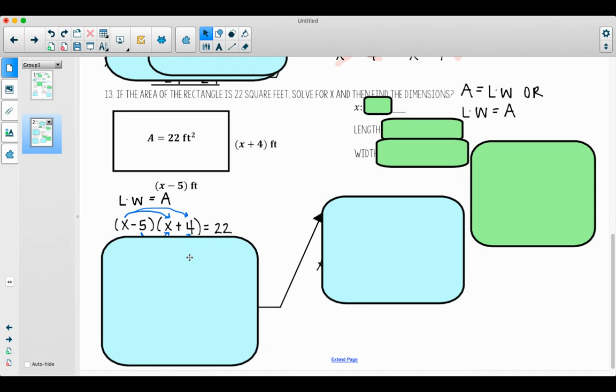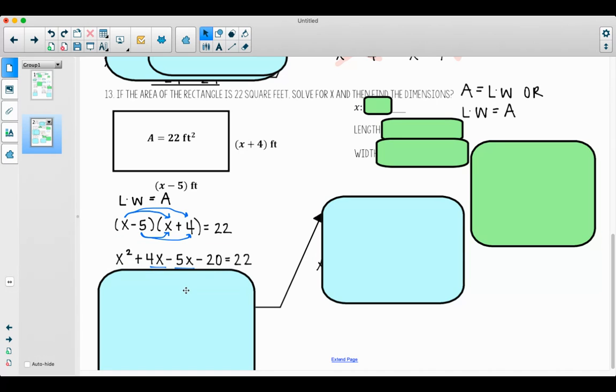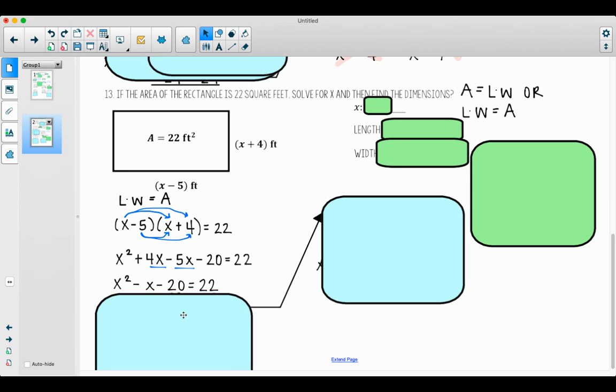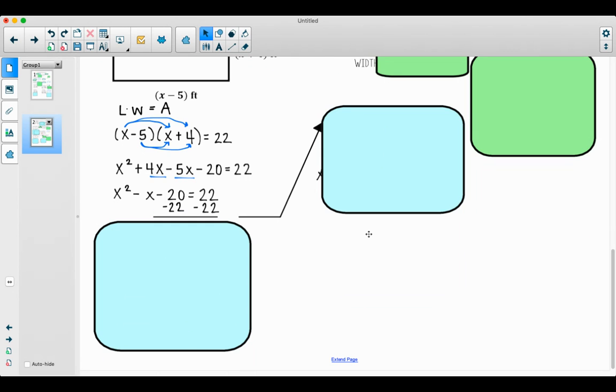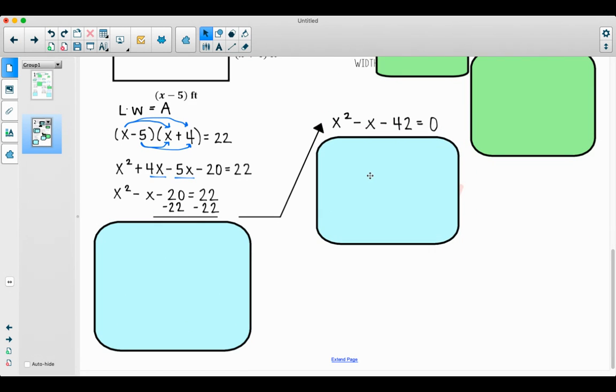We've multiplied the binomial times binomial correctly to get x squared plus 4x minus 5x minus 20 equals 22. We combine like terms to get x squared minus x minus 20 equals 22. We set equal to 0, which means we subtract the 22. So now I'm looking at x squared minus x minus 42 is equal to 0.